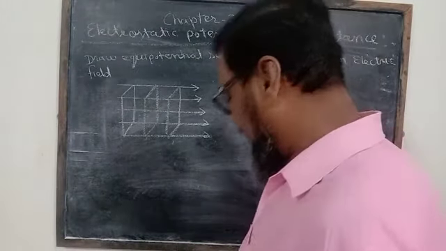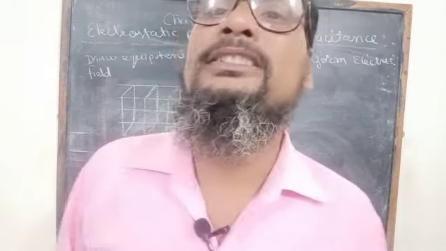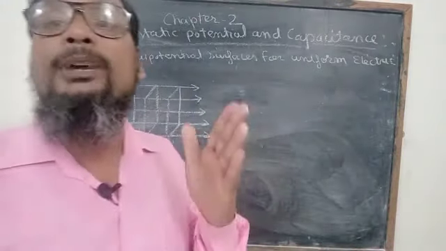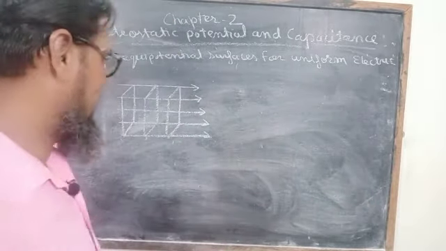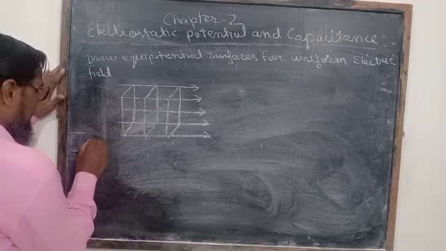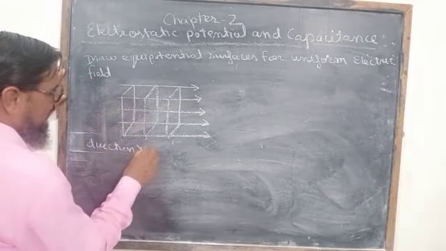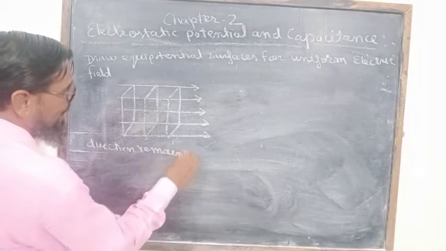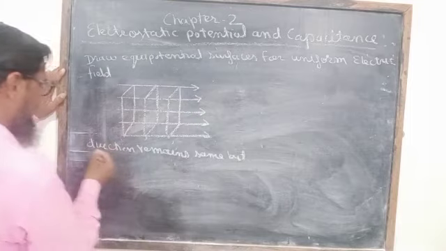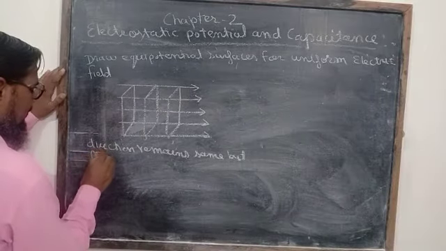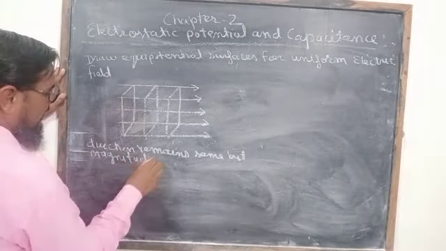If the direction of electric field remains the same, but magnitude gradually increases with the distance, then direction remains the same, but magnitude increases.